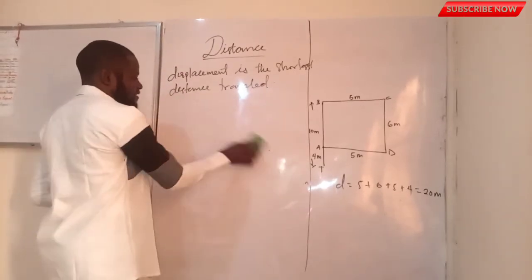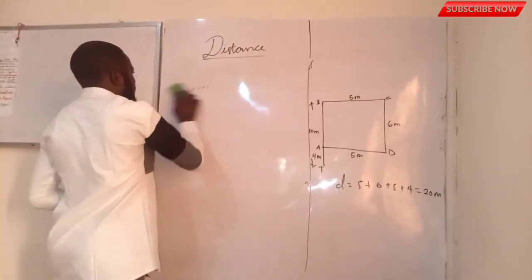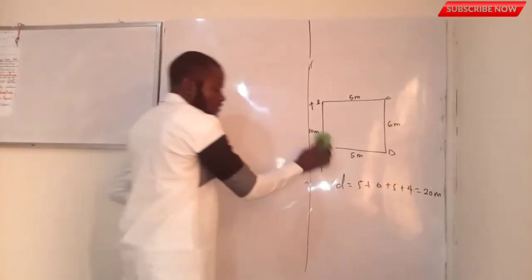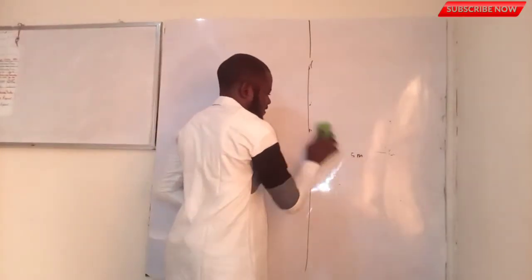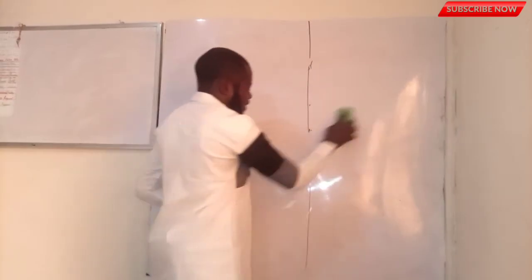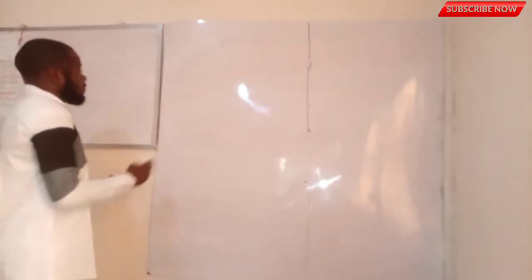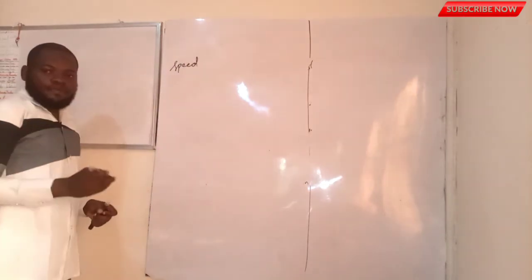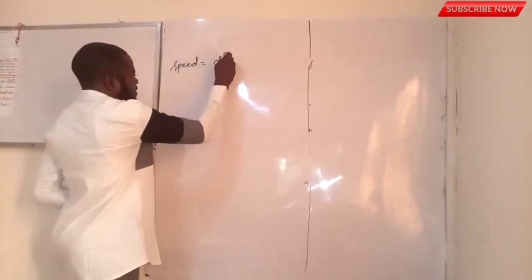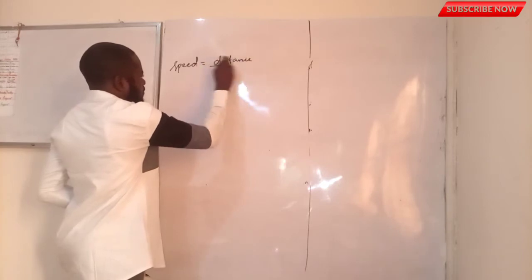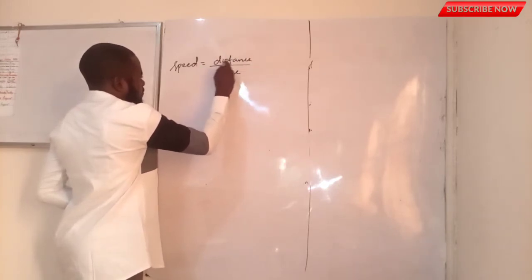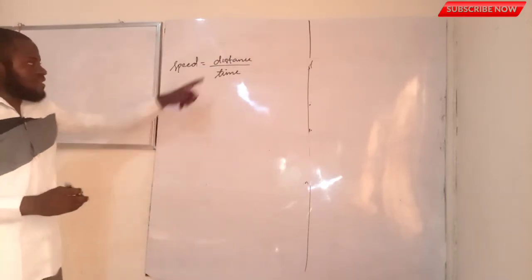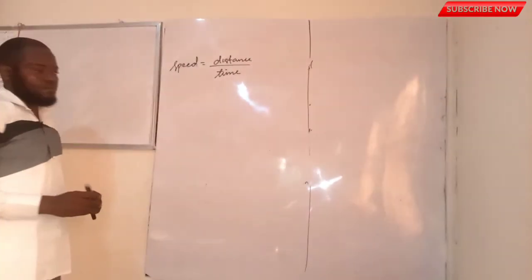Okay, if that should be the case, let's look at speed and velocity now. So when you talk about speed and velocity, if I say speed, it is the rate of change of distance, that is distance over time.